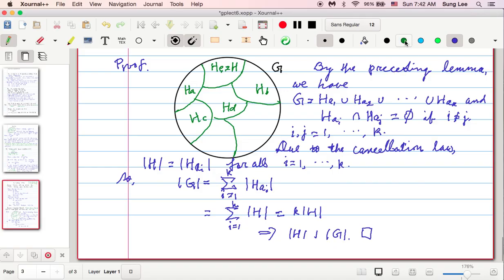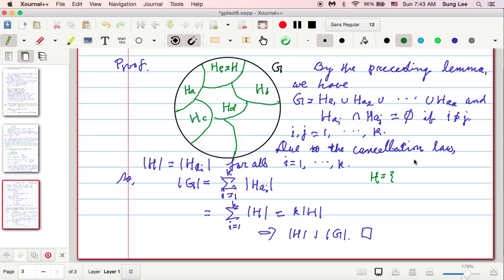But as a reminder, when I was proving that G is a group and H is a finite subset of G, let me rephrase that.